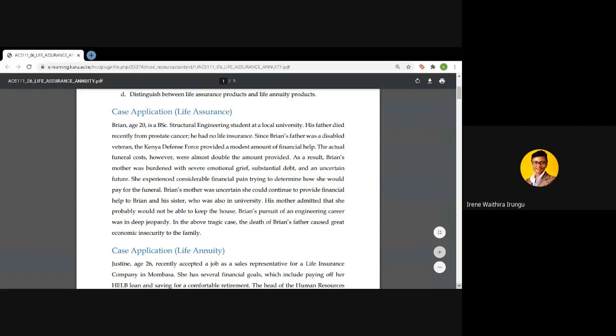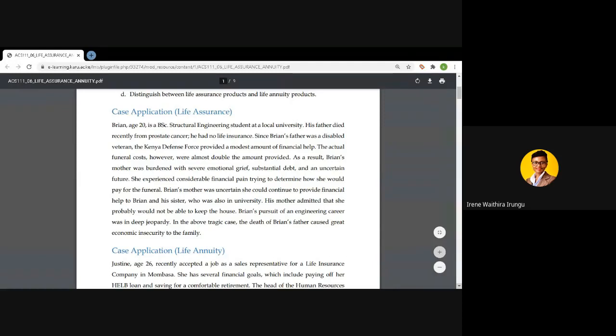Brian's mother was uncertain she would continue to provide financial help to Brian and his sister, who was also in university. His mother admitted that she probably will not be able to keep up the house, and Brian's pursuit of an engineering career was in deep jeopardy. So in the above tragic case, the death of Brian's father caused great economic insecurity to the family.